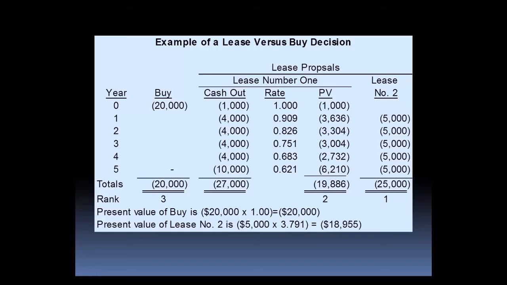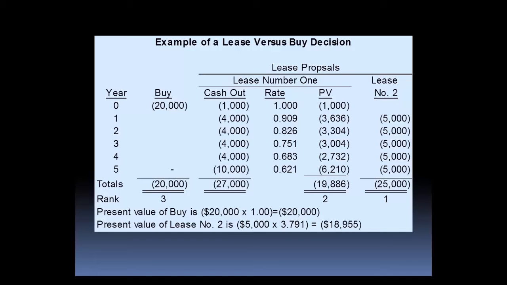Then I multiply that rate times the amount of cash I'm paying out each year. So on a discounted basis over 5 years, the present value of that cash flow out is $19,886, which is less than the present value of $20,000.